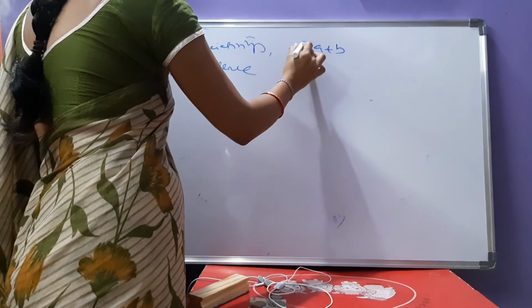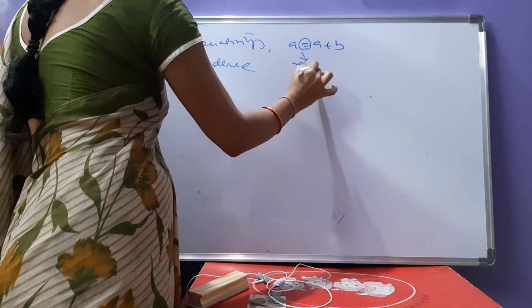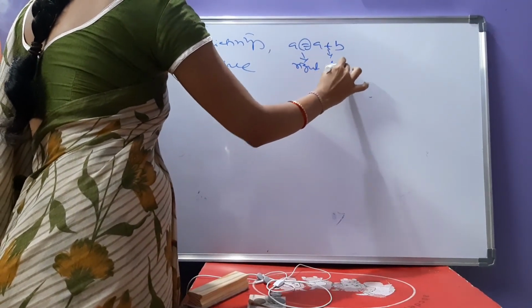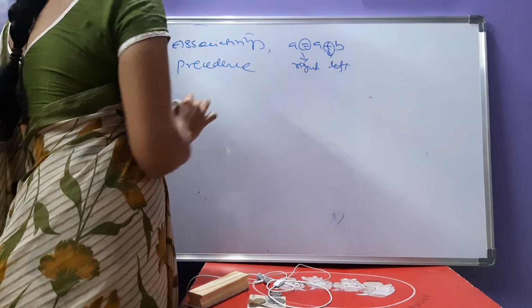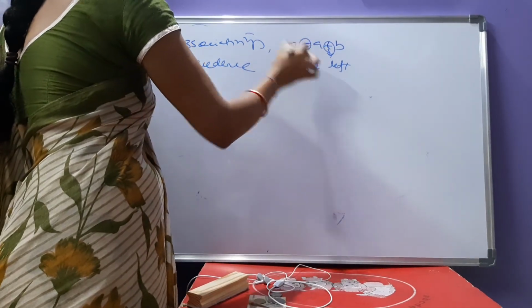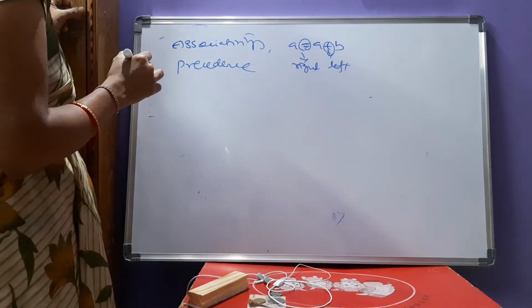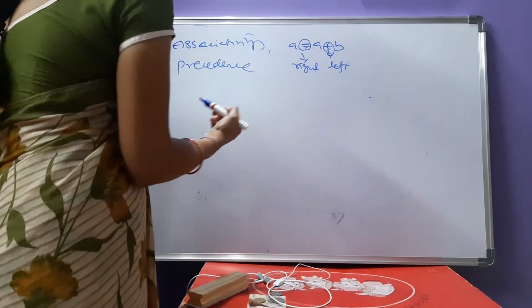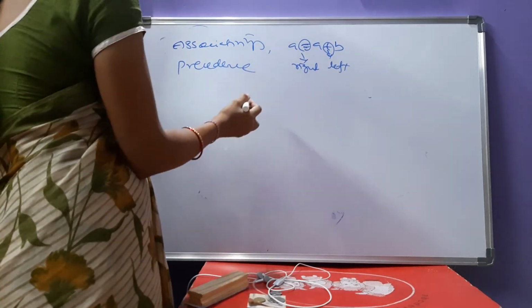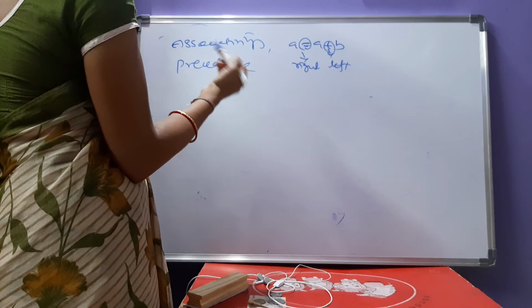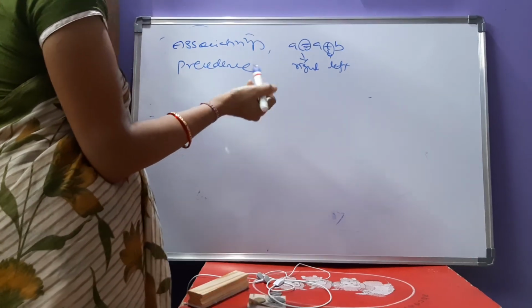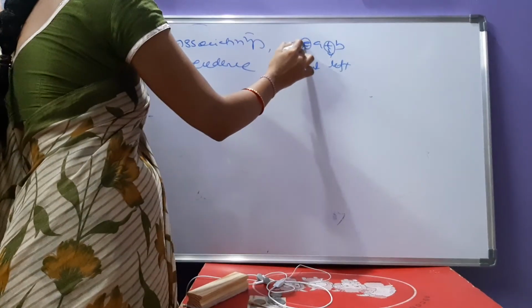That is called left associativity or right associativity. Suppose a equal to a plus b. Here the plus operator is left associative and the equal to operator is right associative. Like that for different types of operators, which operators have left associativity and which have right associativity, we will discuss in the next class.